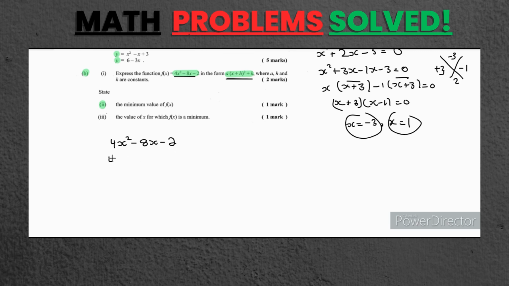First of all, what you can do, you can factor out 4 from the first two terms, like 4 times x squared minus 2x, minus 2. We are doing the completing square method here, right? Then what we have to do, here this is not in the whole squared form, right? It's completing square method here to convert it into a whole square.